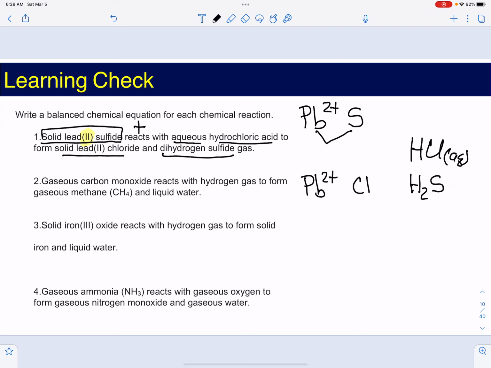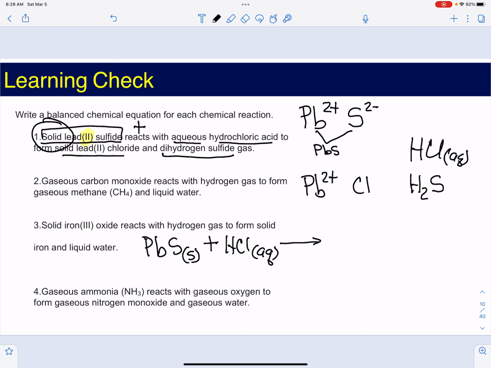Sulfur is 2- straight from the periodic table. So this is gonna be PbS, which is a solid, so you gotta make sure that it's a solid, reacts with hydrochloric acid, which is aqueous, producing lead chloride.